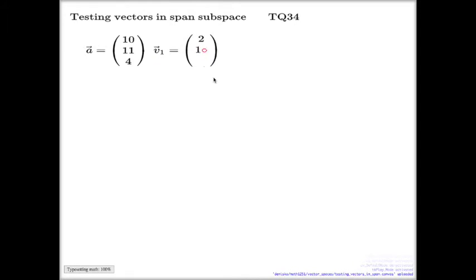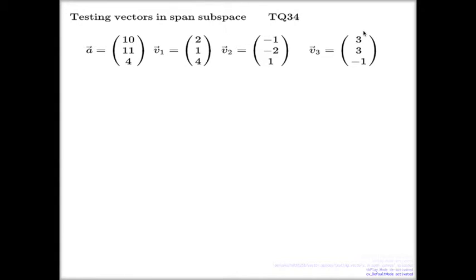Here they are, all of them, A, V1, V2, and V3. 4 three-dimensional vectors, so 12 numbers altogether. The question goes to ask whether A belongs to the span of these 3.